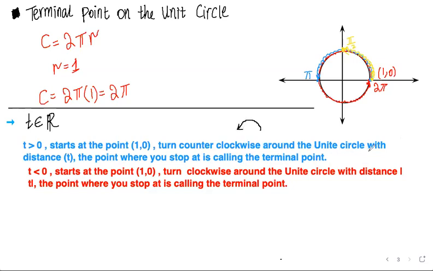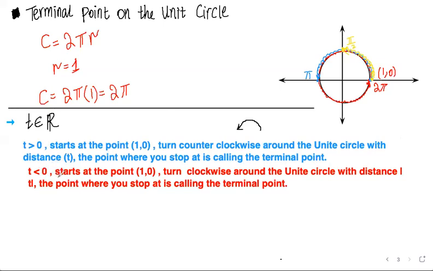Counterclockwise around the unit circle, with distance t. The point where we stop is called the terminal point. So now we can define what the terminal point is by using t, a real number.